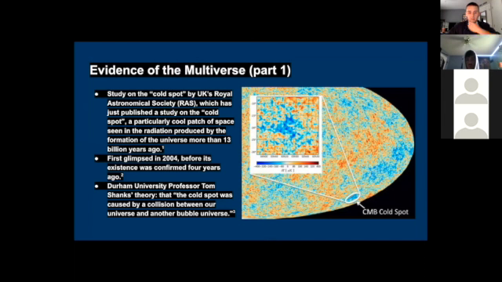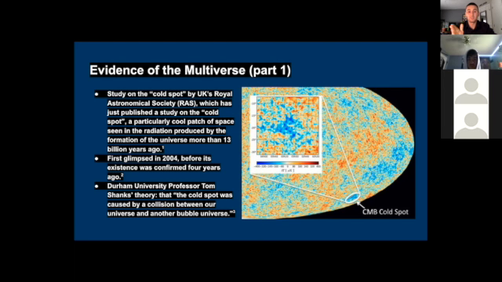Okay, moving on. What we're covering right now is evidence of the multiverse. The multiverse is a theory, but there is indeed evidence, or at least hints of its existence. For example, this image you see right here is a picture of a study on this cold spot by the Royal Astronomical Society, or RAS. This study is following this cold spot, which is a cold patch of space that's seen in the radiation produced by the formation of the universe more than 13 billion years ago.